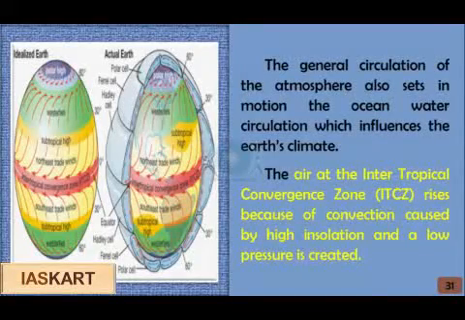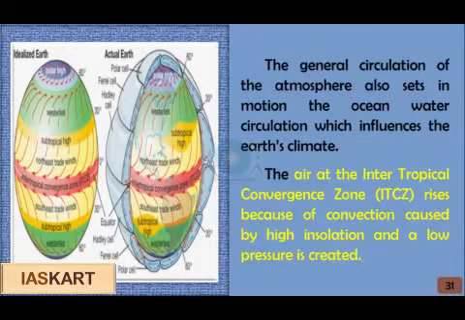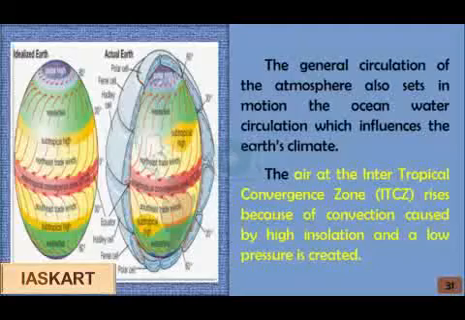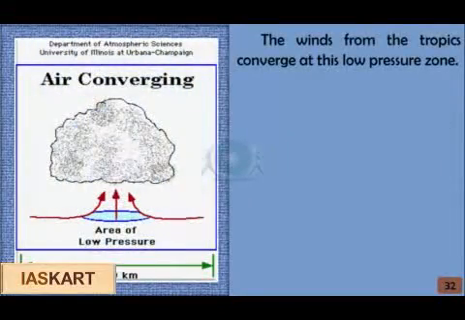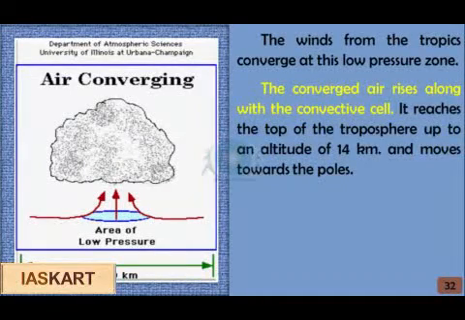The air at the intertropical convergence zone, that is ITCZ, rises because of convection caused by high insolation and a low pressure is created. The winds from the tropics converge at this low pressure zone. The converged air rises along the convective cell.